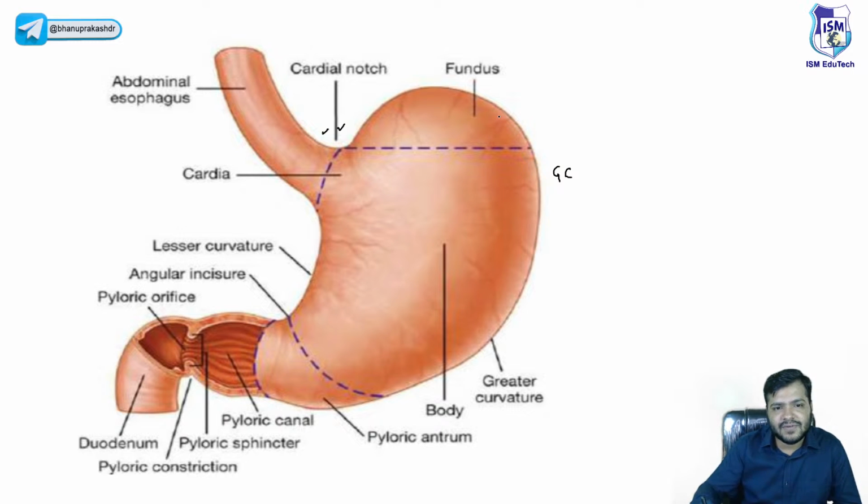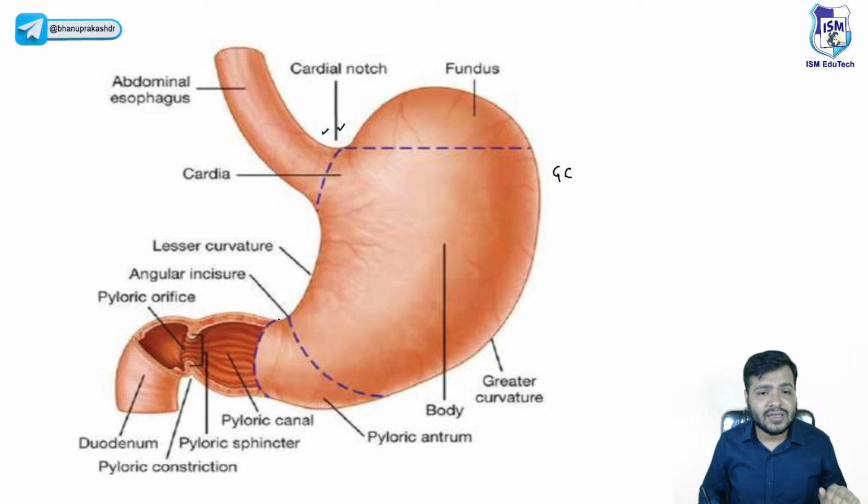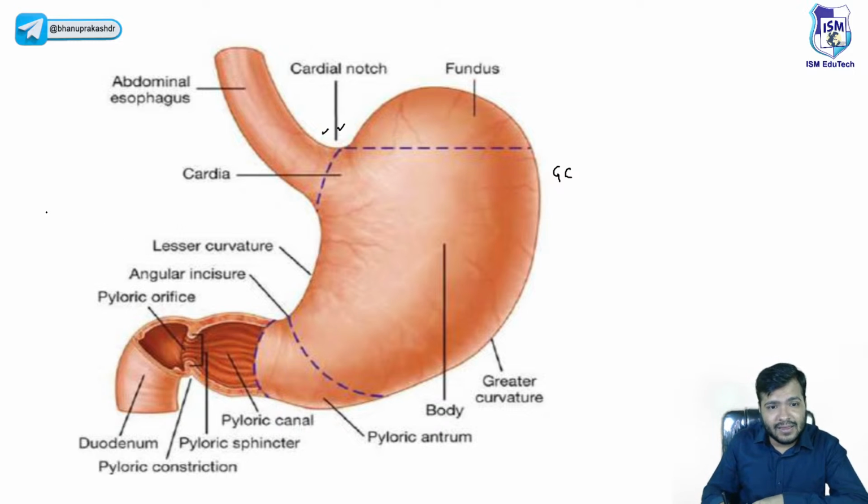We have the lesser curvature, and on this lesser curvature we have a structure called the incisura angularis.